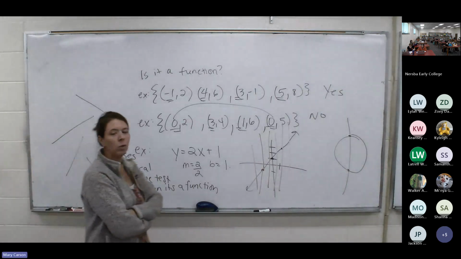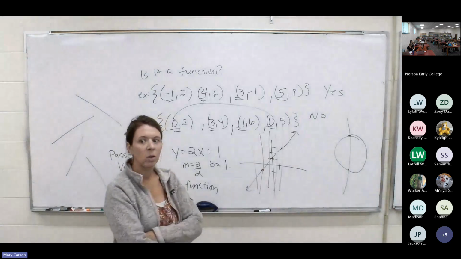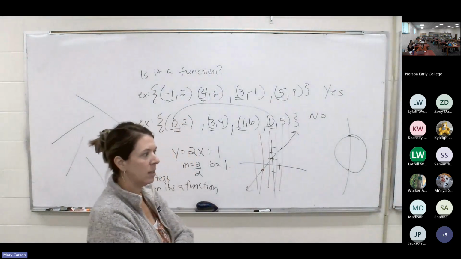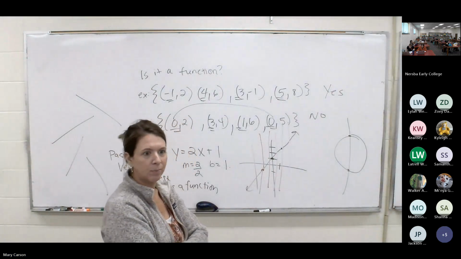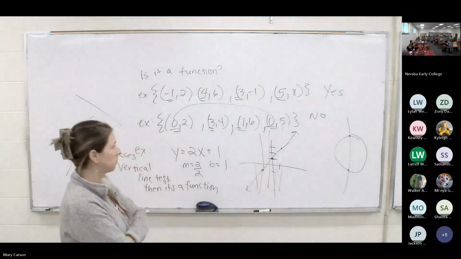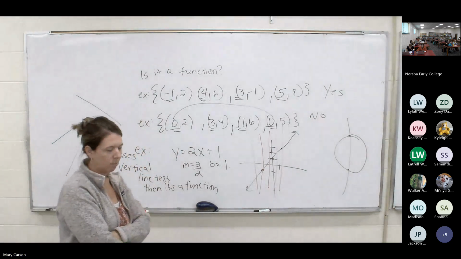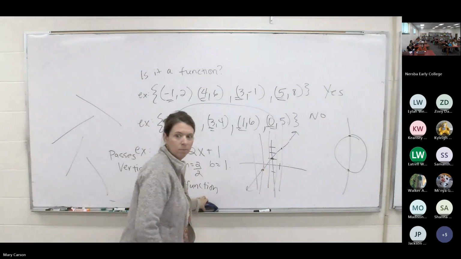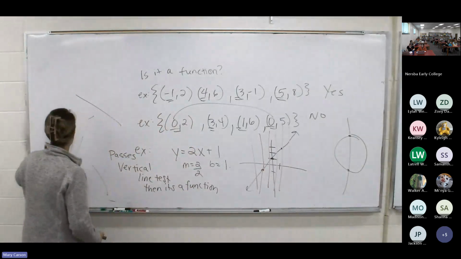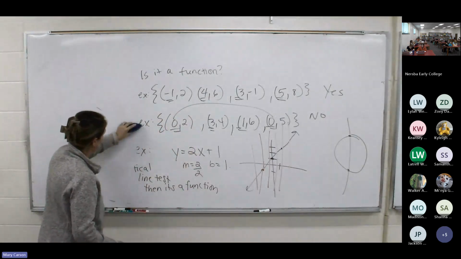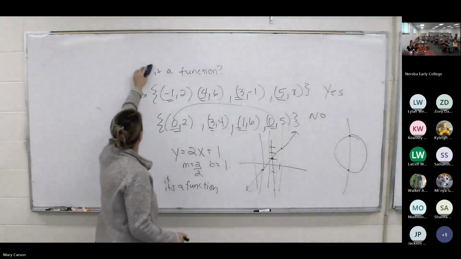Anybody have an idea of what kind of linear equation would not pass the vertical line test? There's only one type. I got no answers. I guess that means y'all don't know, right?